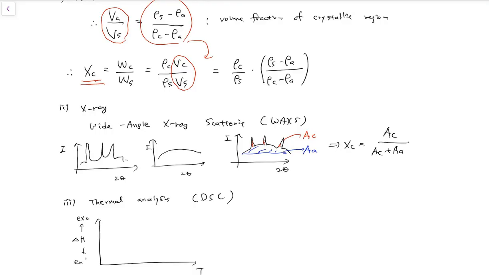If this is exothermic, then you basically get this kind of graph, right? So here denoted as Tg, okay, Tc or Tm, something like that, right? So you can determine the crystallization temperature, right?